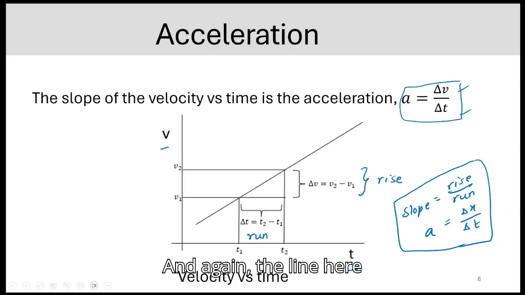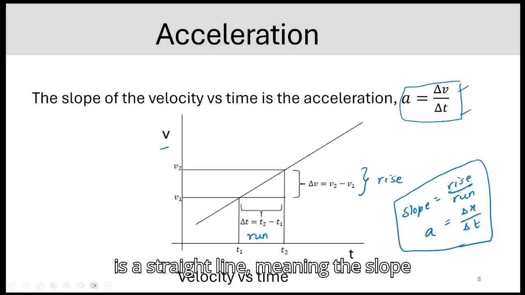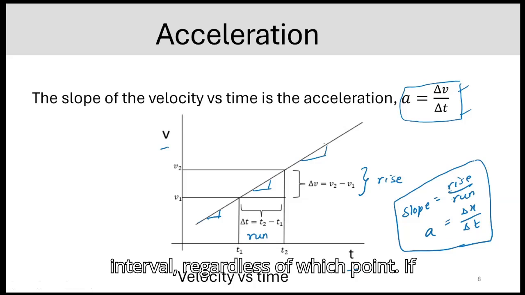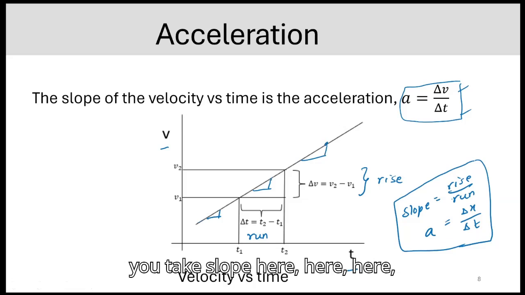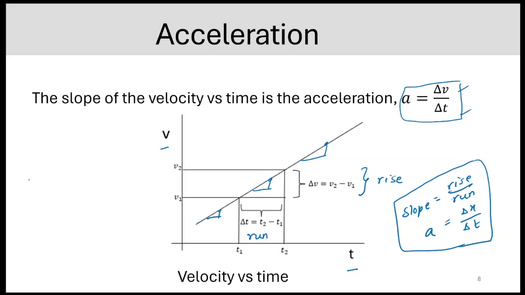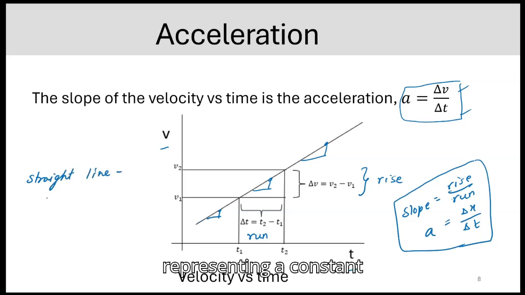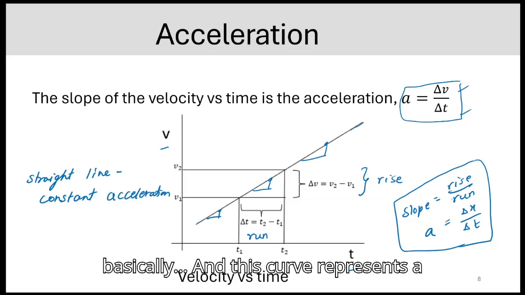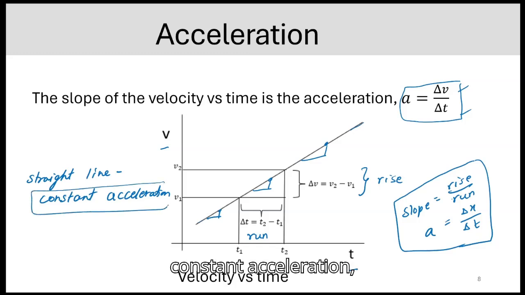And again the line here is a straight line, meaning the slope of this curve is the same at any time interval regardless of which point. If you take the slope here, here, the slope will be the same, meaning the straight line represents a constant acceleration. The slope is constant throughout this line, so this curve represents a constant acceleration.